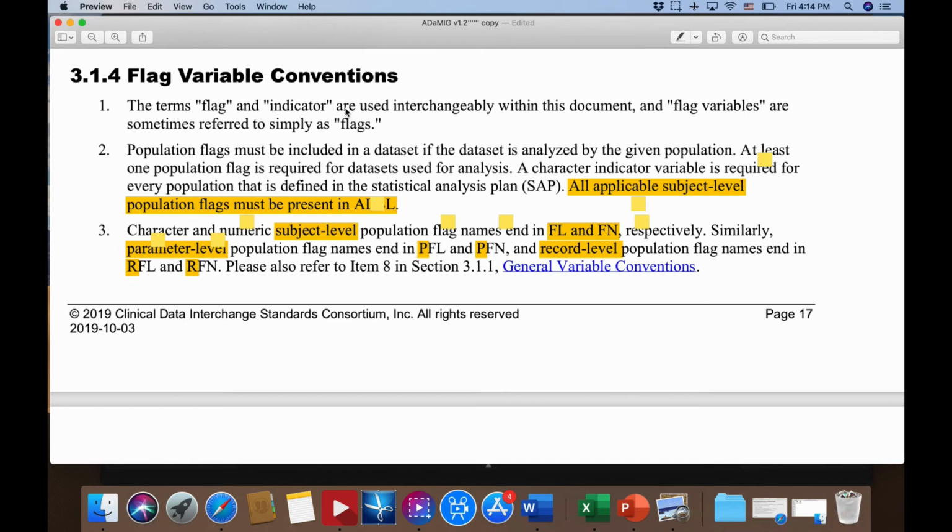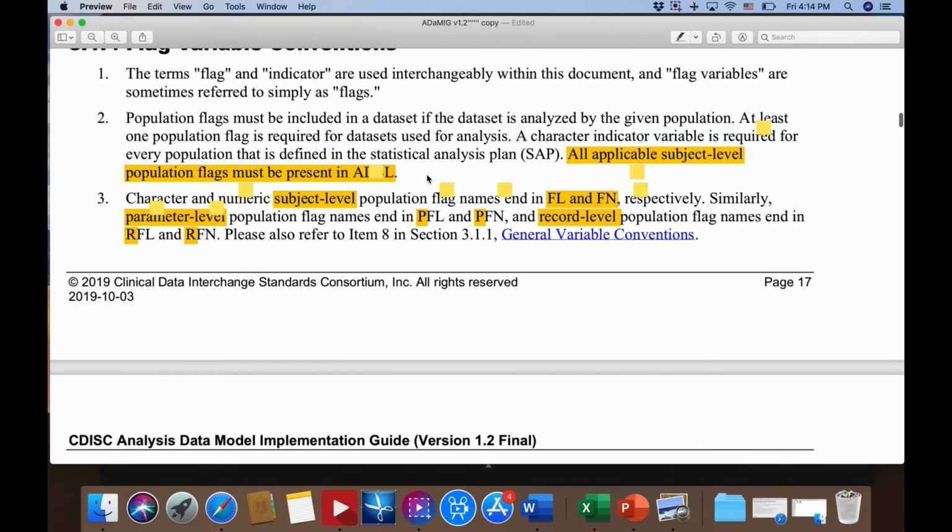About flag variable naming conventions. So for the population flags, they must be present in ADSL. For the subject-level population flags, all of those have to be in ADSL.